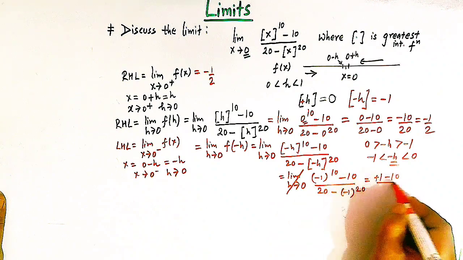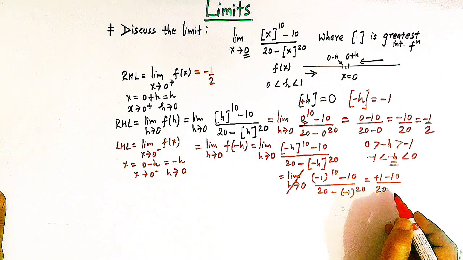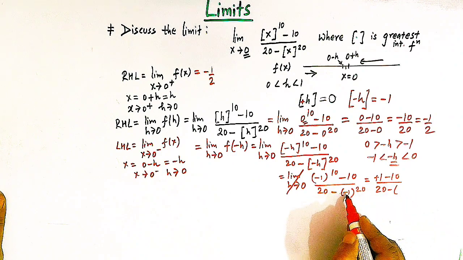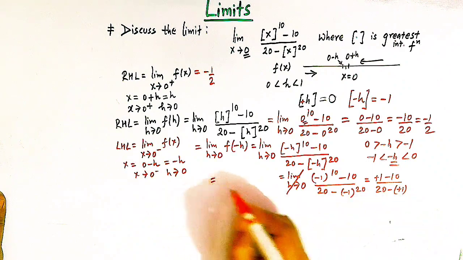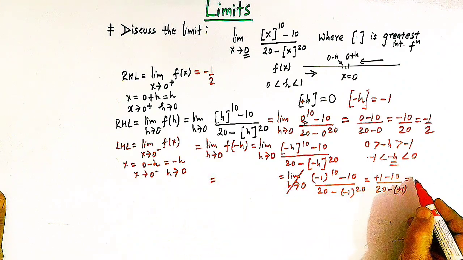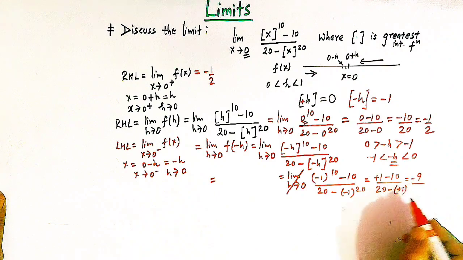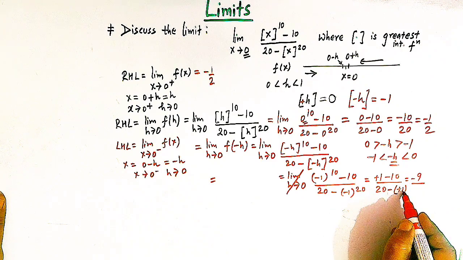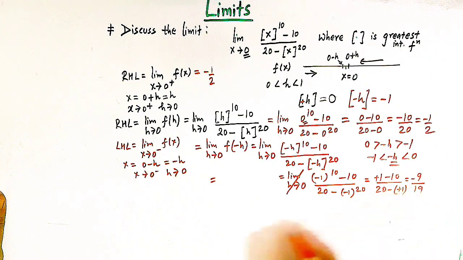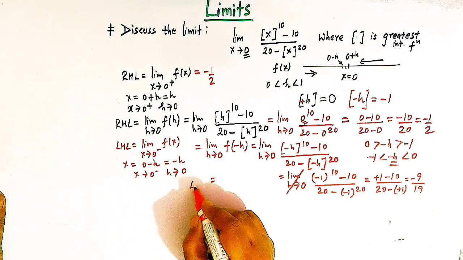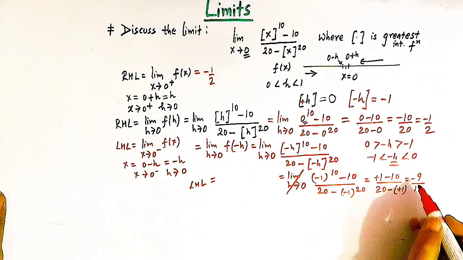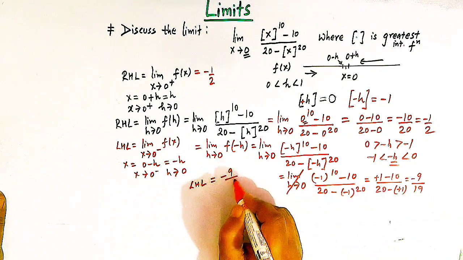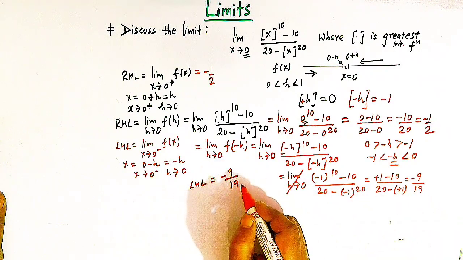Here we have minus 10. Then we have 20 and minus, this is plus 1, right? So now we have 1 minus 10 is minus 9. And this is 20 minus 1, that is 19, right? So the left hand limit of this function when x approaches to 0 is minus 9 over 19.